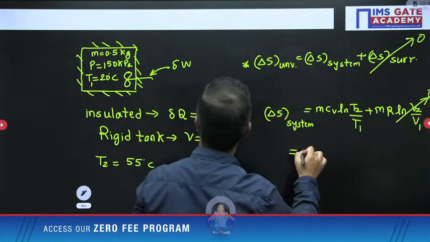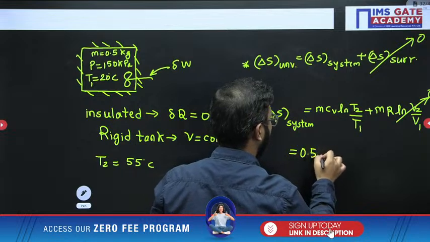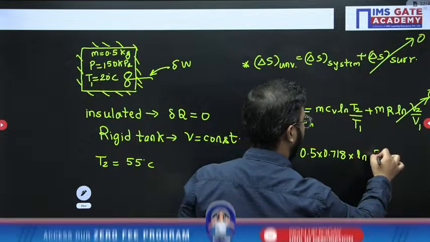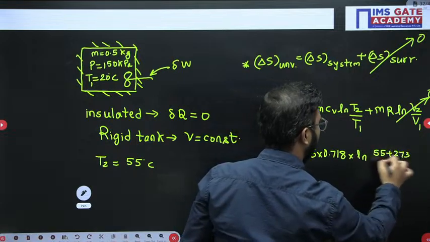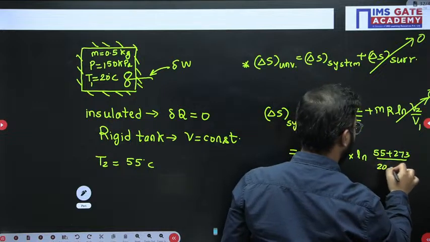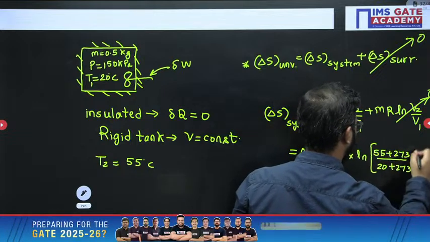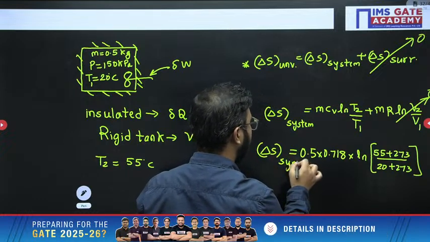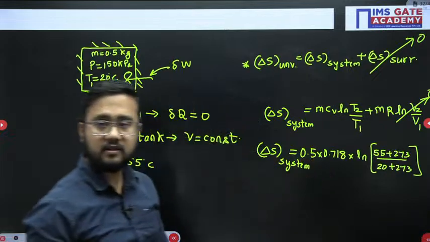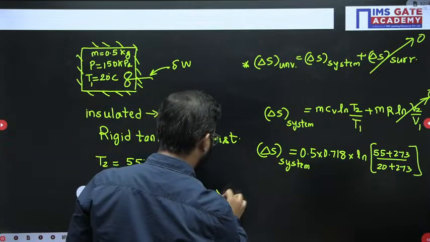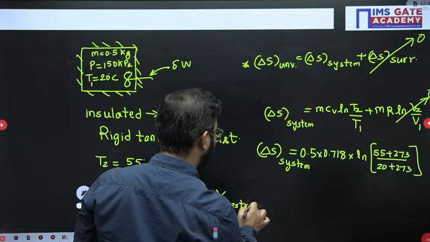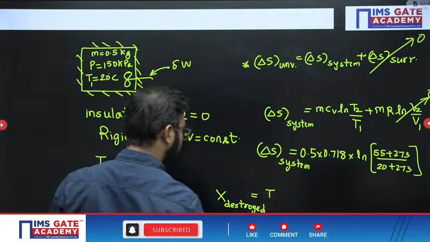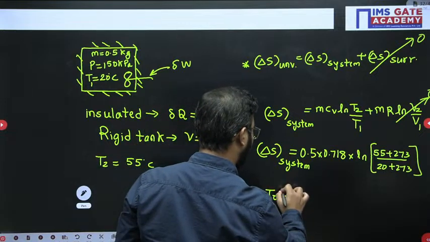So directly mass, they have given 0.5, 0.718 for an ideal gas Cv value, ln of 55 plus 273, and initially the temperature was 20 plus 273. From here you will get delta S system, which is ultimately equal to your delta S of universe. So Exergy destroyed is nothing but the irreversibility or lost potential, T naught multiplied by delta S universe.